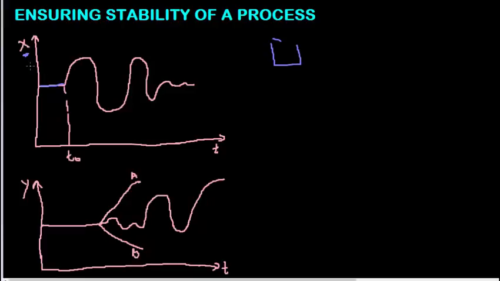If this is temperature, and I'm heating up this water, at some point, if I just pour in cold water, I have a change. Automatically, you see that your whole process becomes unstable.